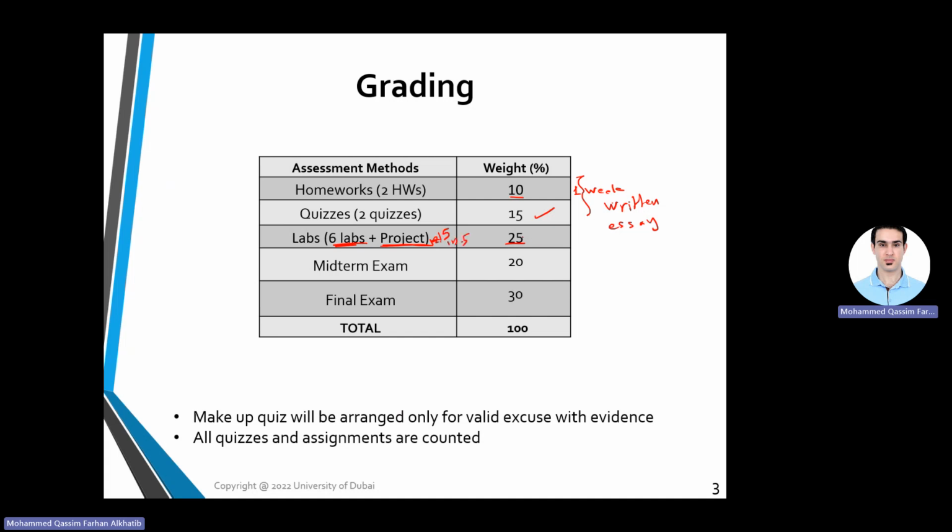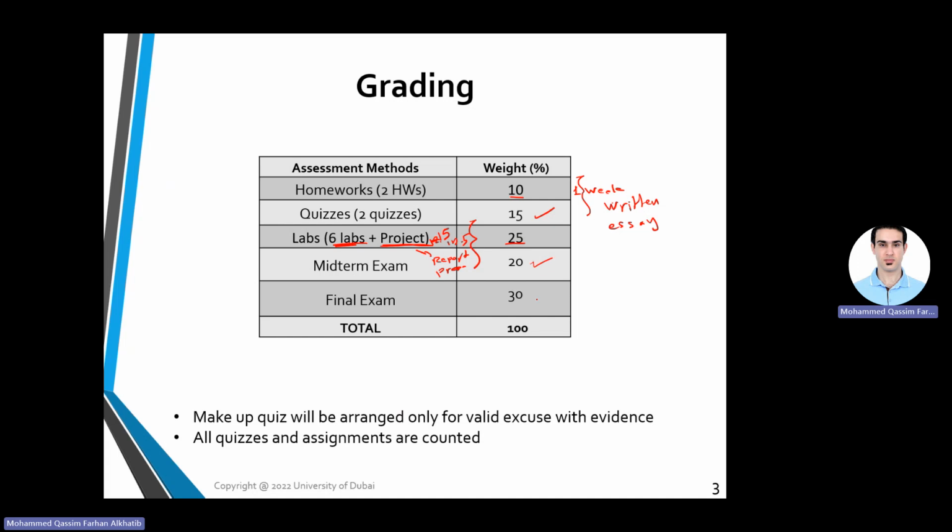So out of this 25, consider 50% of this 25 will go to the project. And the project will consist of doing a report and a presentation. But yeah, in due time, Engineer Haitham will keep you updated. I think at the 10th week you will be having information about the project.